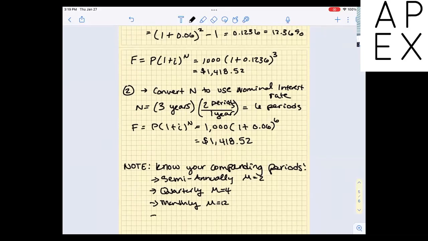And think really hard about this one. What if it compounds daily? It's 360 or something, right? Something like that. Anyone have the something part? 365. Close. It's like it's not the full year. It's something like short of it. I forget exactly.